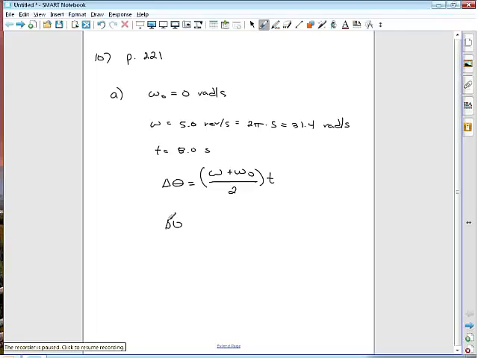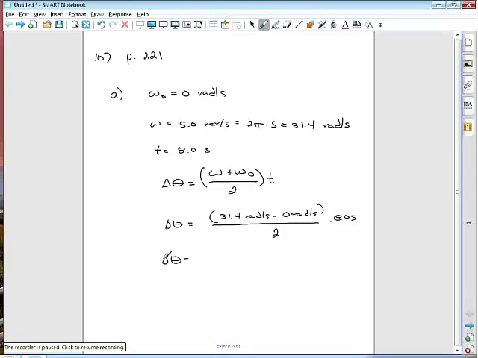So delta theta is equal to, actually omega is 5. It doesn't really matter which order we do it in, but we'd have 31.4 radians per second minus 0 radians per second divided by 2 times the time, which is 8 seconds.